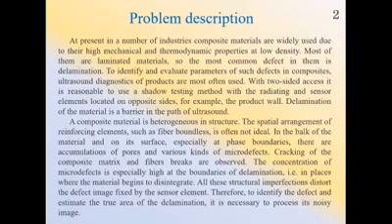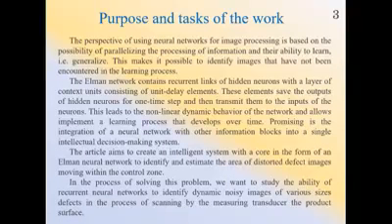Therefore, to identify the defect and estimate the true area of the delamination, it is necessary to process its noisy image. The article aims to create an intelligent system with a core in the form of an Elman neural network to identify and estimate the area of distorted defect images moving within the control zone.